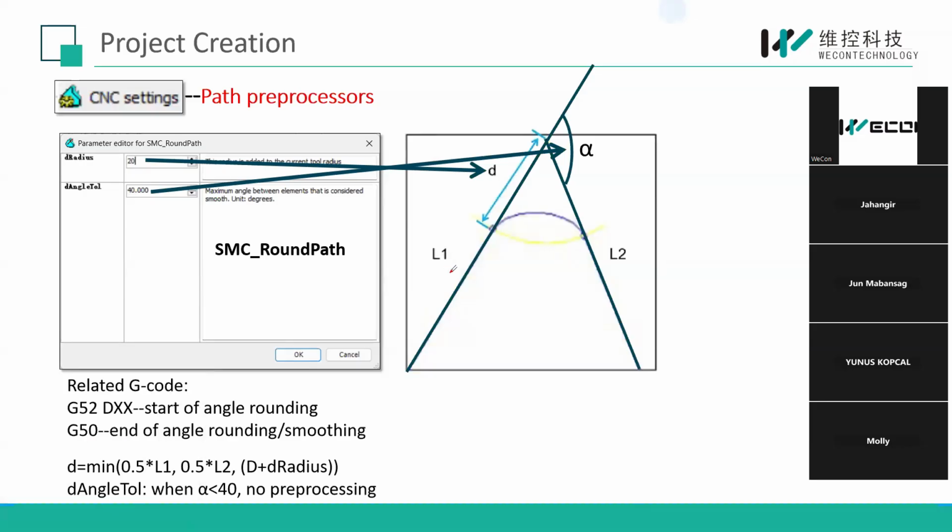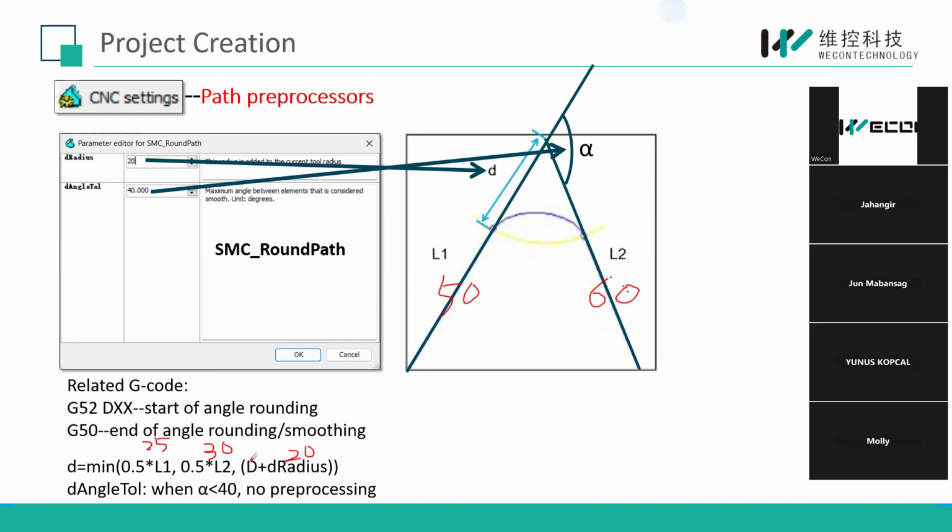For example, L1 is 50, L2 is 60. So here, this will be 25, and this one will be 30. And then this parameter is 20.